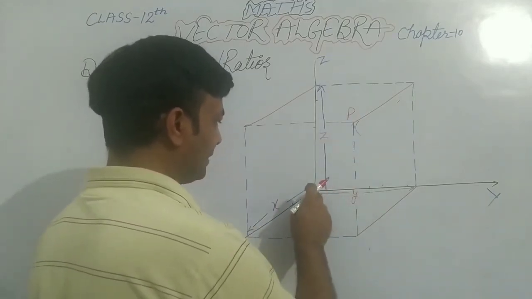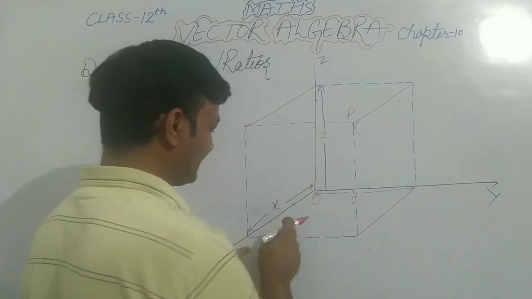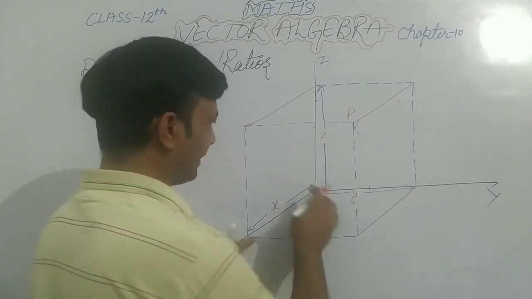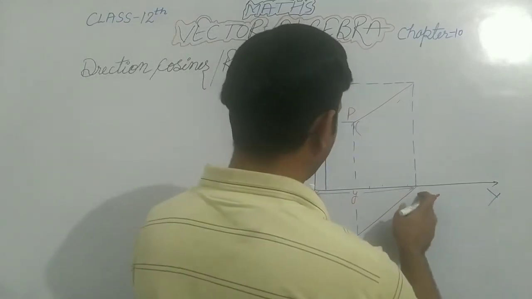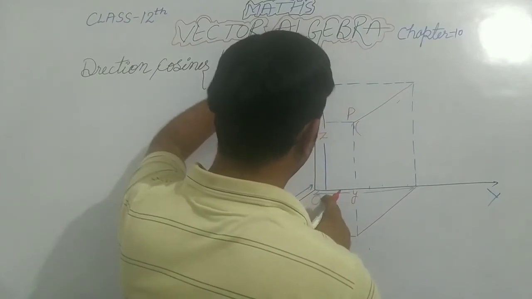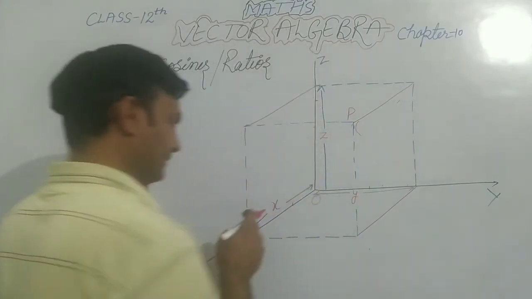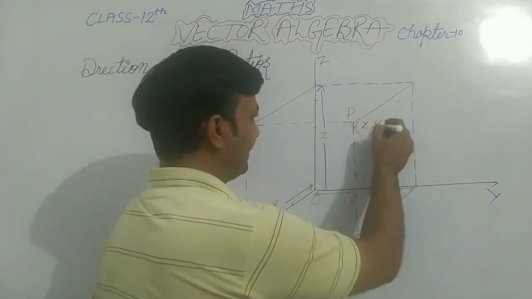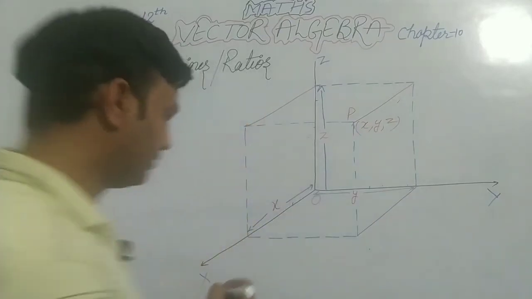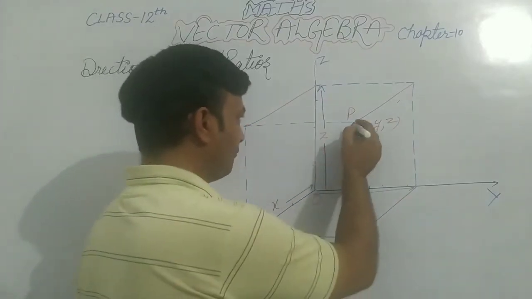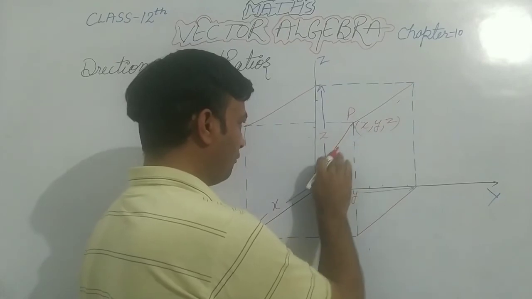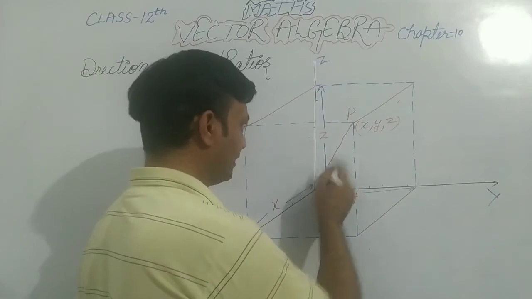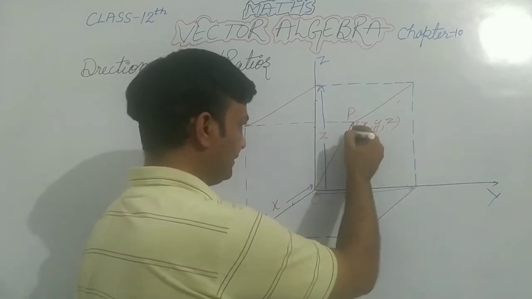The distance from the origin along the x-axis is x, along the y-axis is y, and along the z-axis is z. So the point P has coordinates x, y, z. So the position vector of P, earlier I told you OP is a position vector, isn't it?